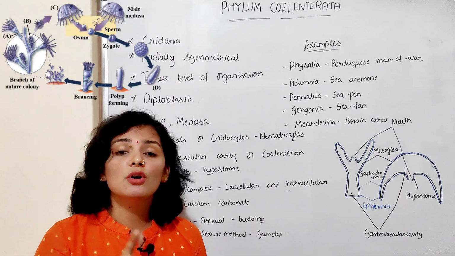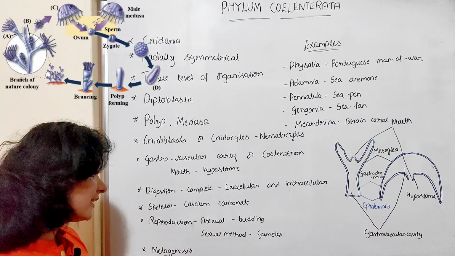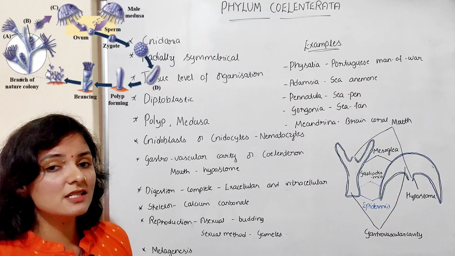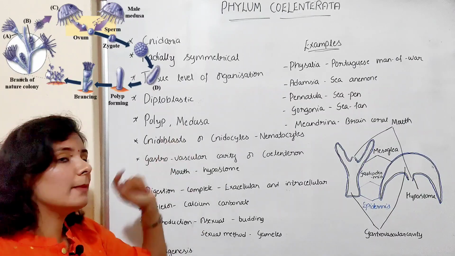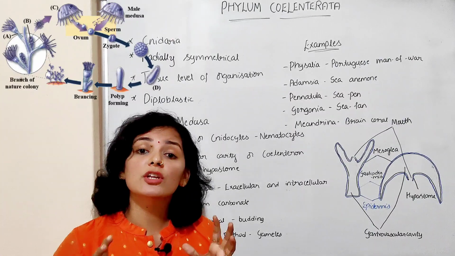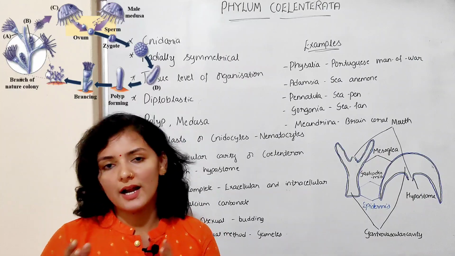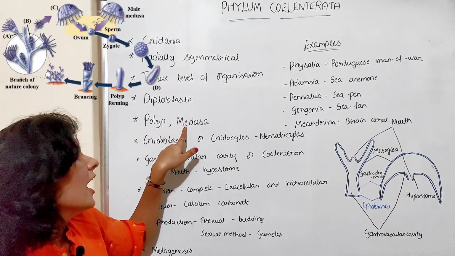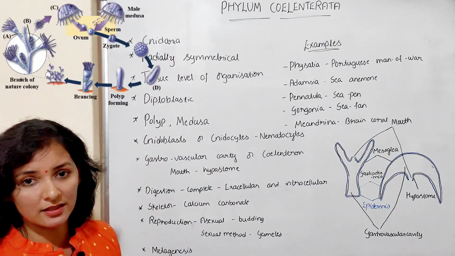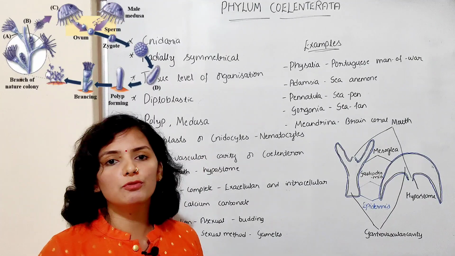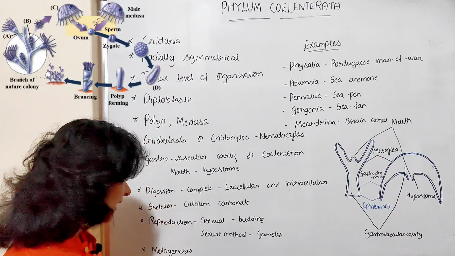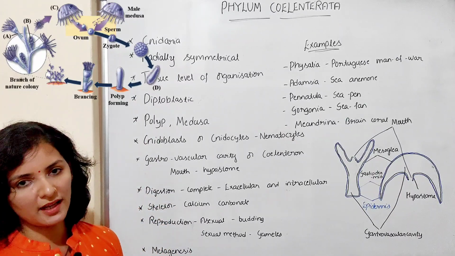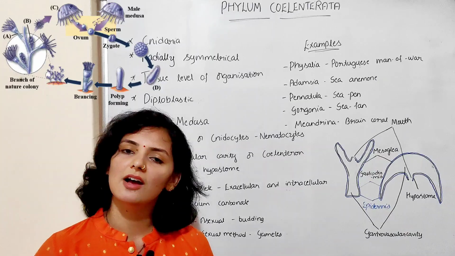This alternation of two body forms is nothing but metagenesis or alternation of generation. So polyp produces medusa by asexual method, medusa produces polyp by sexual method. An example of an animal which shows metagenesis or alternation of generation is Obelia.